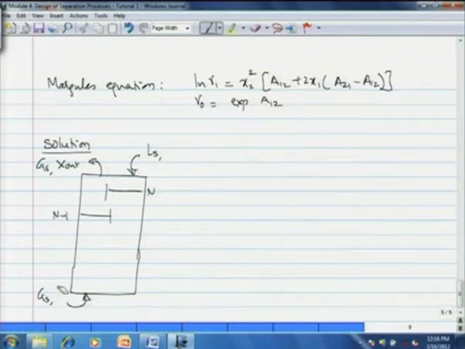Here we are using notation Y for gas mole ratios. So, the solute mole ratio in the incoming gas is capital Y in, and in the outgoing gas is capital Y out. Please make this change. For liquid we are using the letter X for mole ratio. X in is the mole ratio of solute in the incoming liquid, and X out is the mole ratio of solute in outgoing liquid.